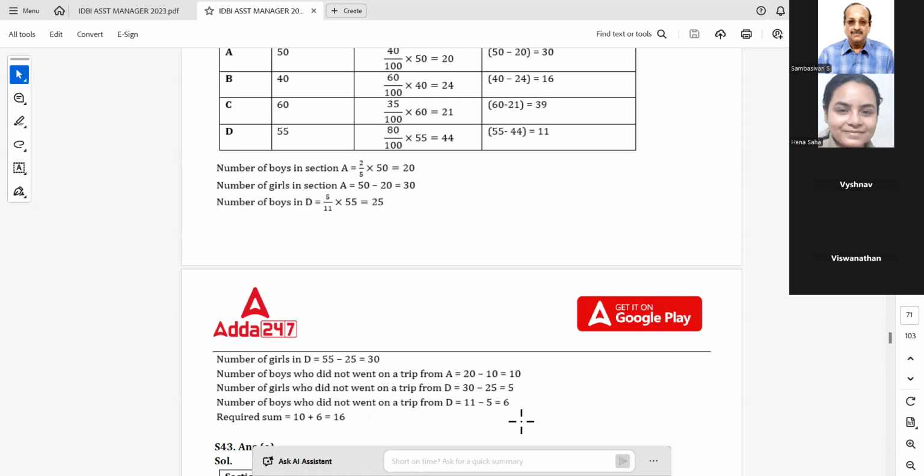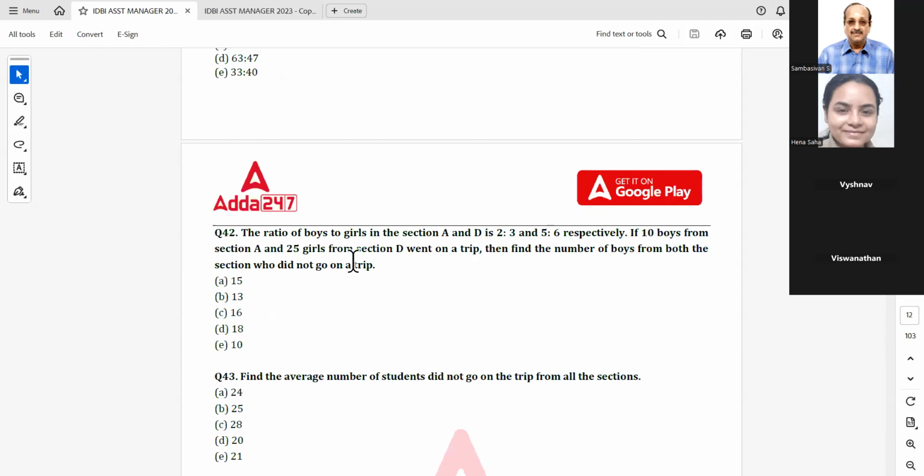Number of boys who did not go on the trip. From that ratio, sir, 5 is to 6, that ratio. The ratio of boys and girls in section A and B is 2:3.